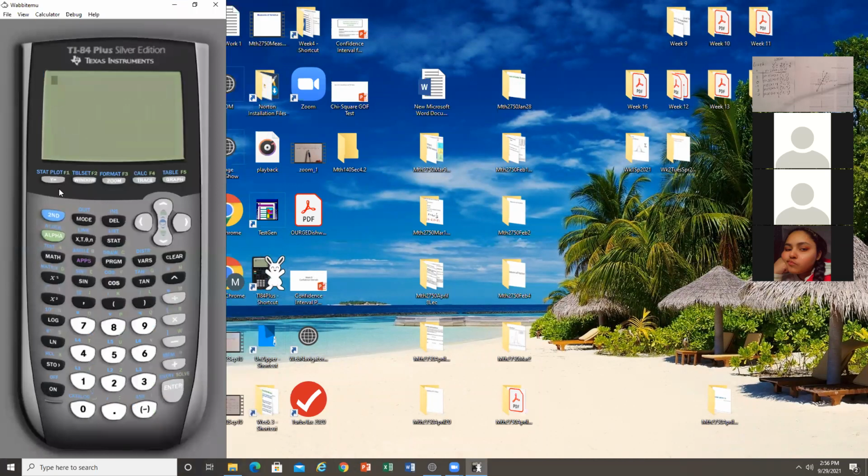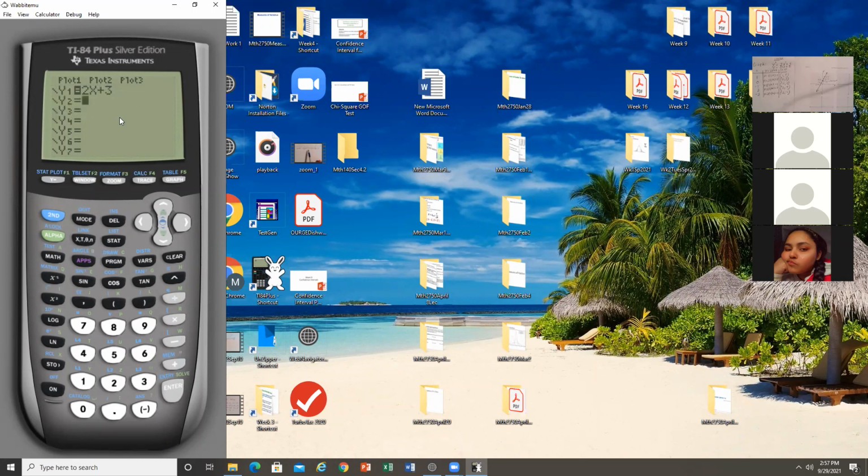I want you to hit your Y equals button. In the upper left corner of your keyboard is Y equals. Clear any garbage out. For y sub 1, I want you to type in this equation. Y equals 2x plus 3. Here's your X button right here above your apps key. Hit that button. 2x plus 3. Enter. We have entered that equation into memory.